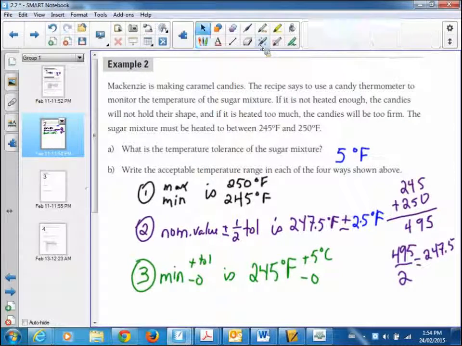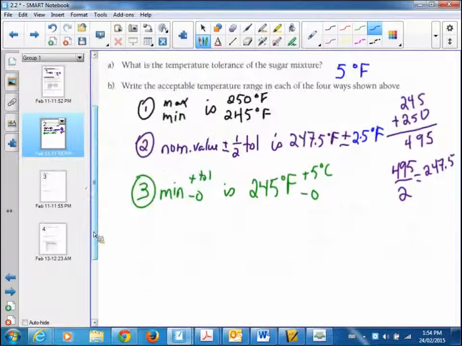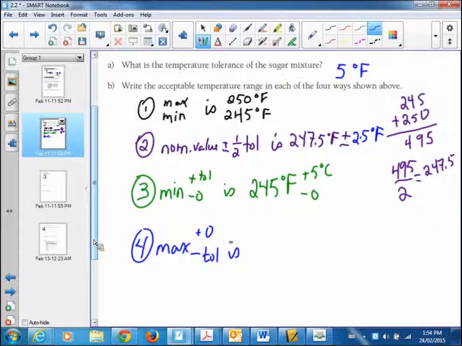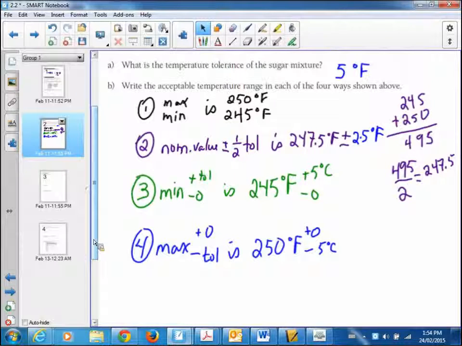And then the other method is just the exact opposite of this one. The max, 250, plus nothing, minus the tolerance. Sort of like that.